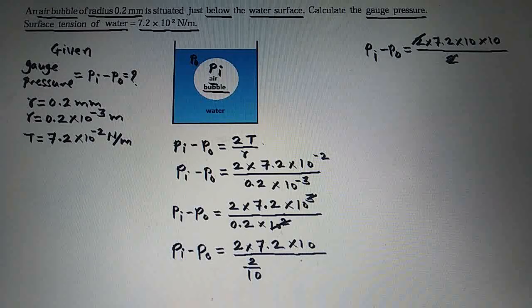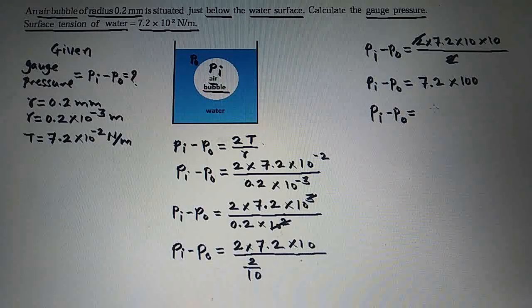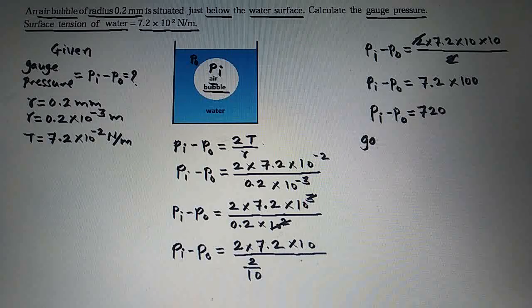This 2 will get cancelled, then Pi minus P0 is equal to 7.2 into 100, which is equal to 720. So this is the answer for the gauge pressure.